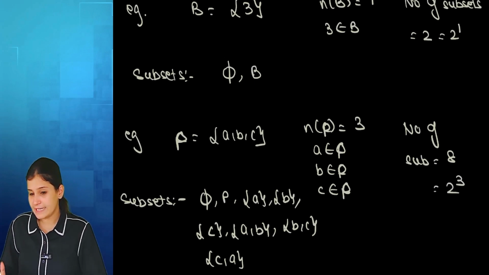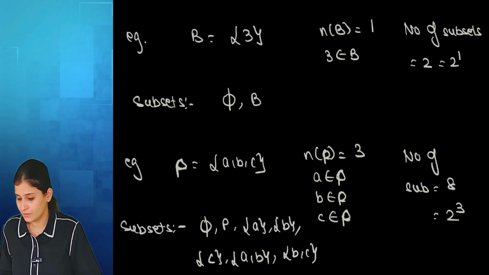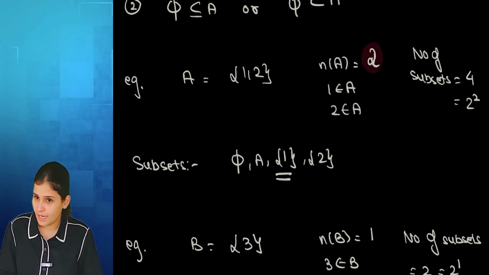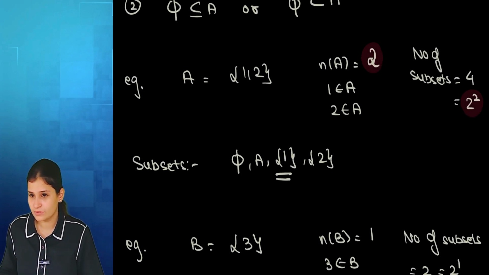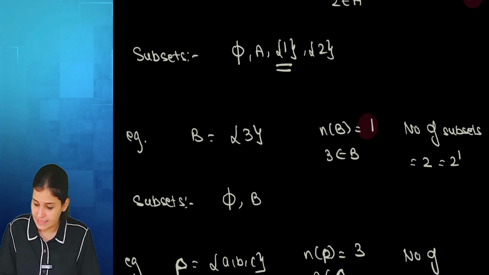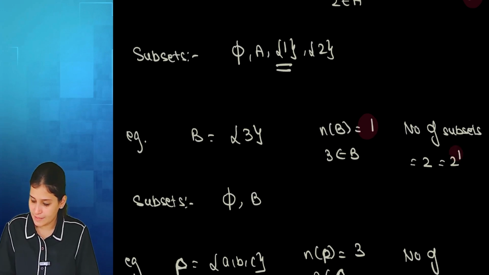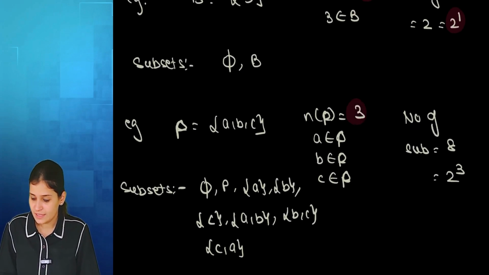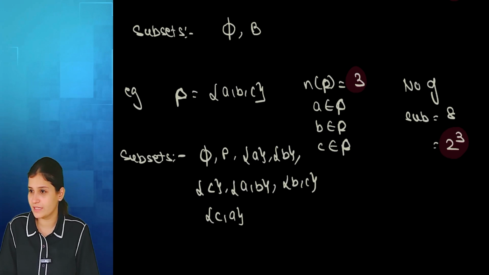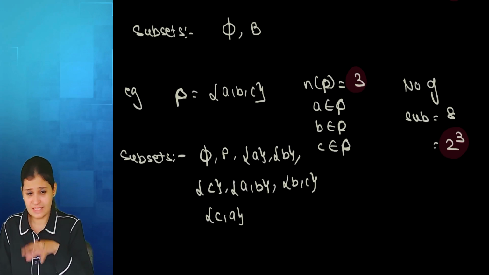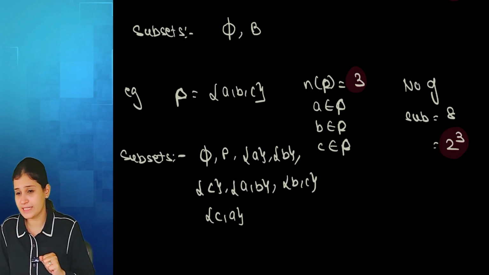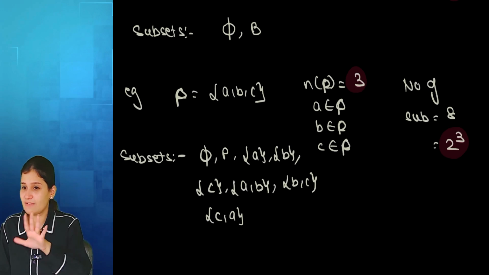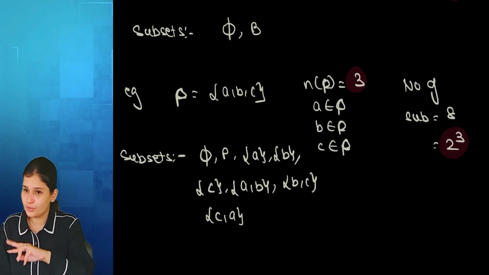So why did I write this? To give you a formula at the end. If the number of elements in the set is 2, the number of subsets is 2 power 2. If the number of elements is 1, the number of subsets is 2 power 1. If it is 3, the number of subsets is 2 power 3. If the set has 4 elements, how many subsets? 2 to the power 4. If a set has 5 elements, how many subsets? 2 to the power 5.